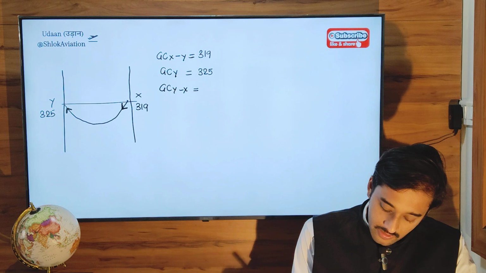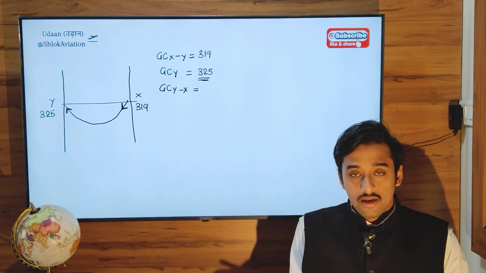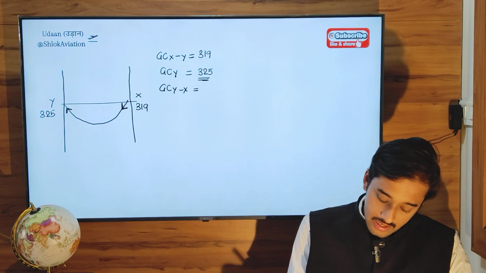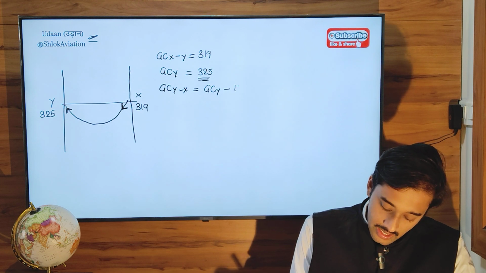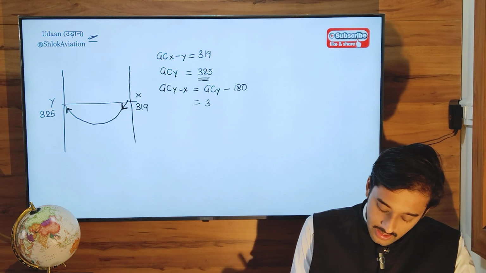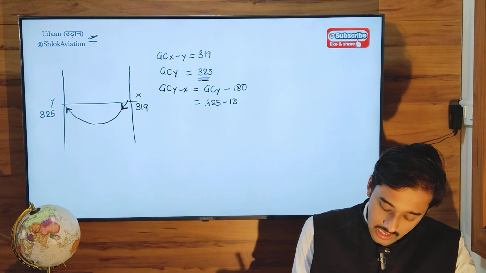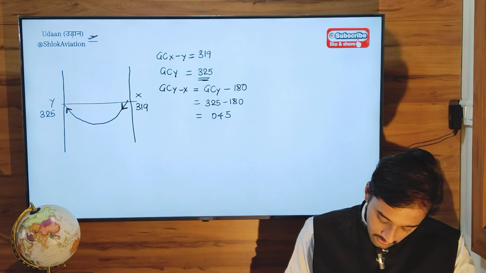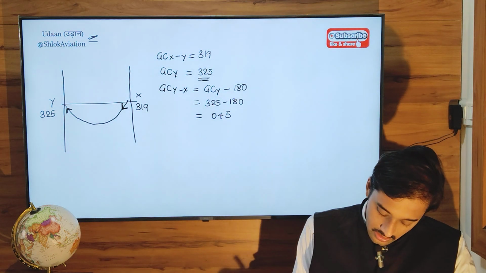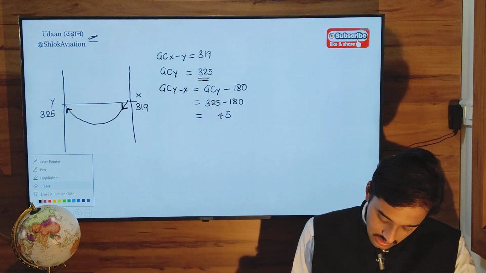The reciprocal of great circle at Y, which is minus 180. So 325 minus 180 is 145.